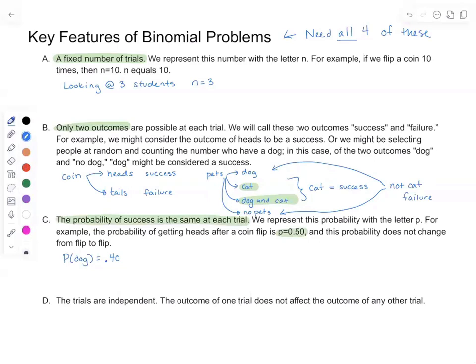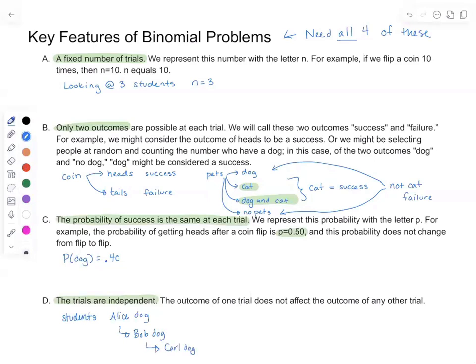The last thing that we need, and this is kind of a big one and a little harder to check, is that the trials need to be independent. So the outcome of one trial shouldn't affect the other trials. So in the example with the students in my class, probably those students don't know each other. So Alice having a dog probably doesn't impact if Bob has a dog, which probably doesn't impact if Carl has a dog.